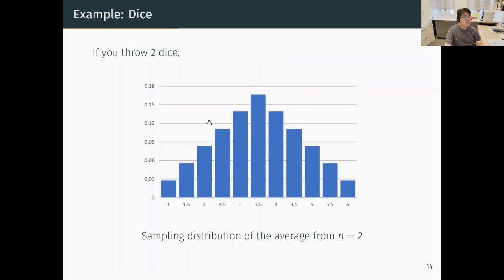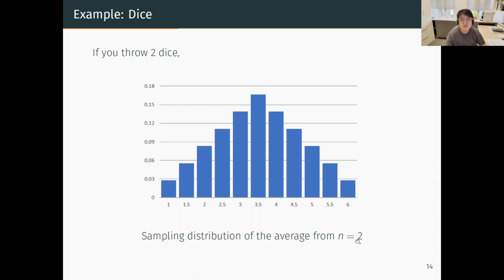But when you have two dice, the range is pretty much the same from 1 to 6, but it's more finely divided. And probability can be calculated like that. We just calculated the probability of 6, the probability of 5.5. Similarly, you may do the same thing for all the possible outcomes when you roll two dice, and you can calculate the sampling distribution.